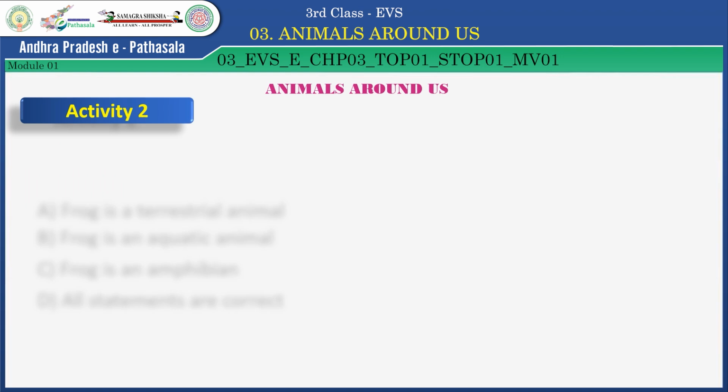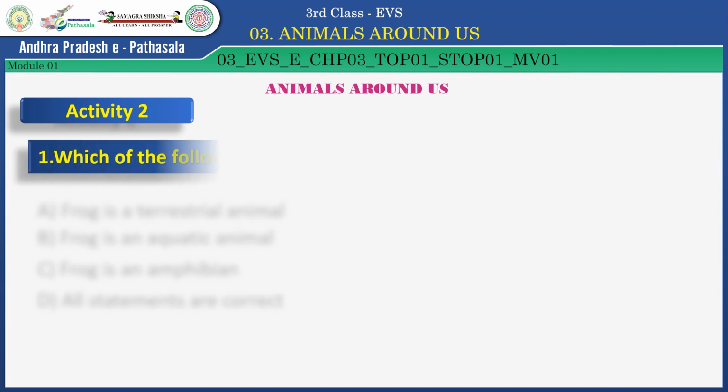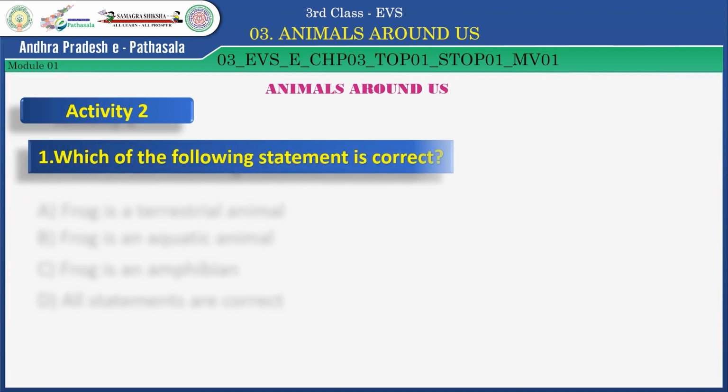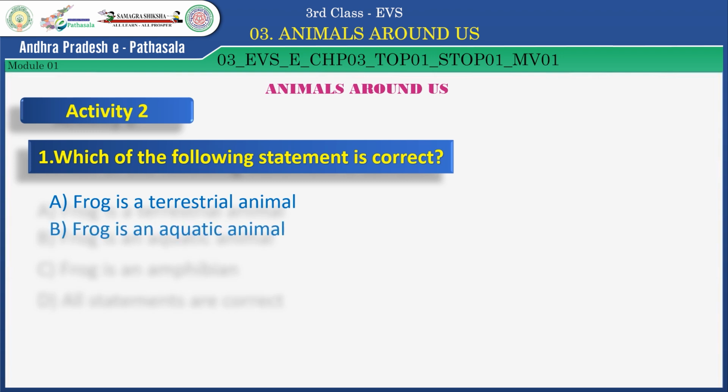Which of the following statements is correct? Options are: frog is a terrestrial animal, which means lives on land. Frog is an aquatic animal, which means lives in water.